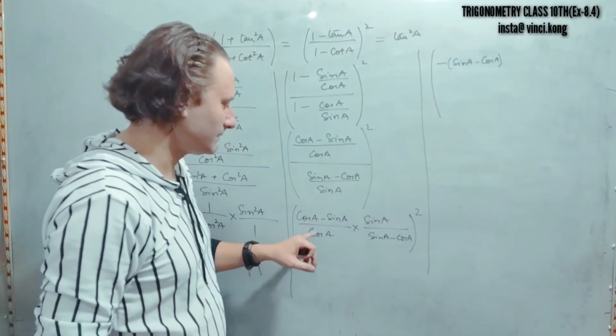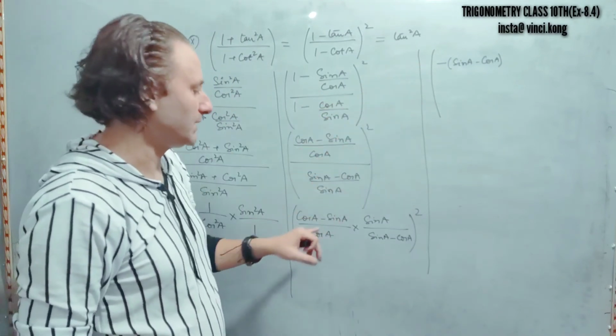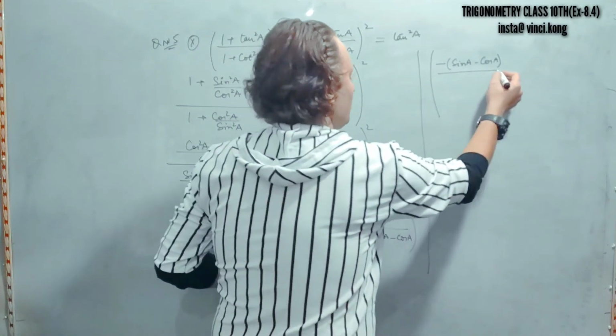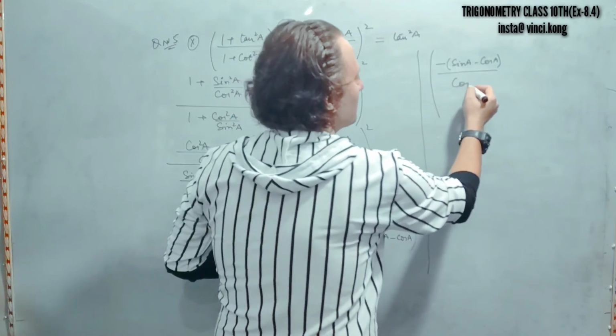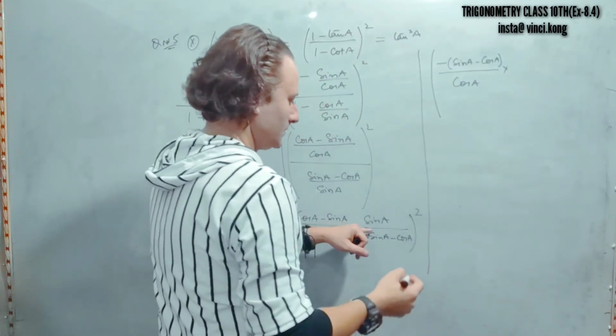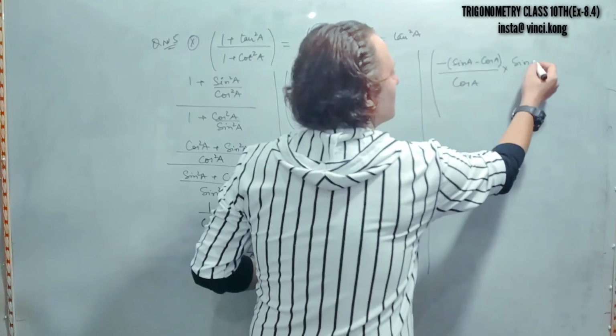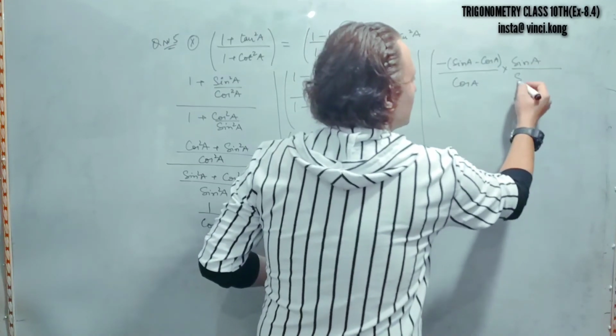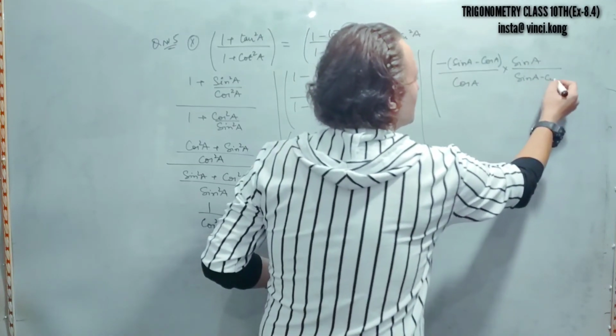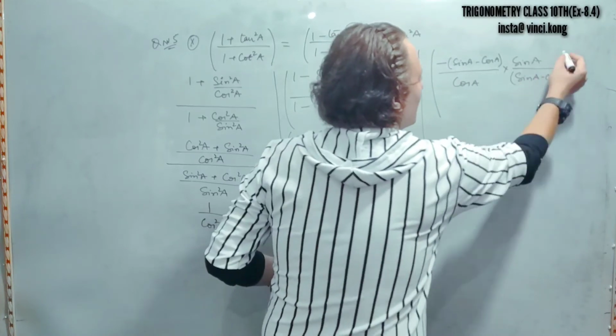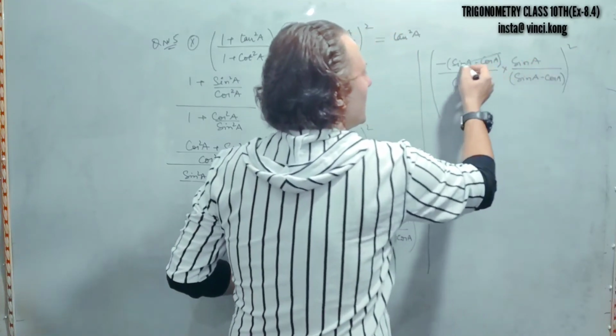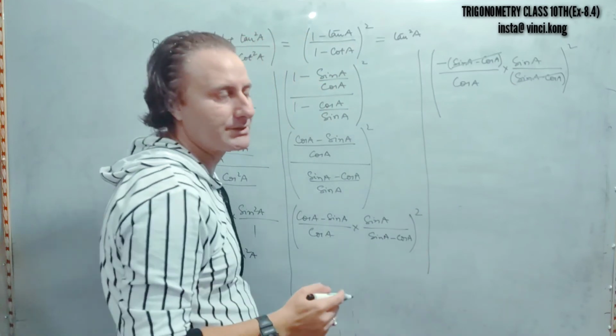Minus into sine A is minus sine A, minus minus plus cos A, upon cos A into sine A upon sine A minus cos A, whole square. Now I can cancel this and this because they are just the same.